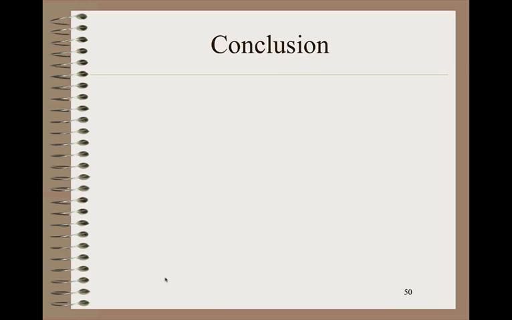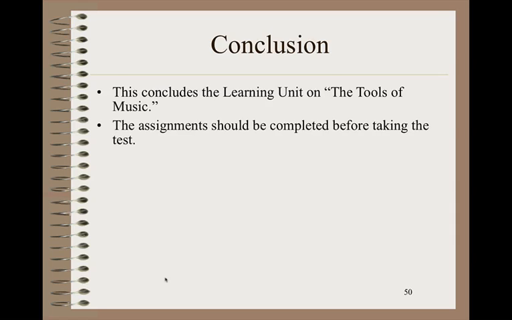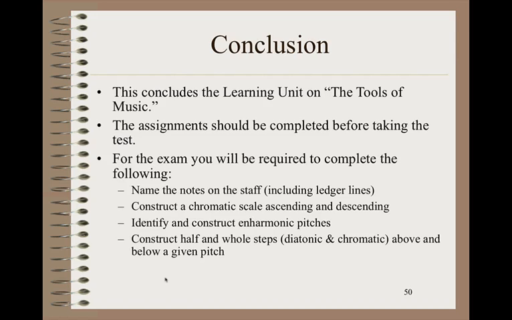So to conclude this area, one of the things that we want to understand is that the tools of music are these notes and symbols and rests and all the things that composers use to write the music that we hear. I'm asking you to complete the assignments before taking the test, and you'll find all of those right online.